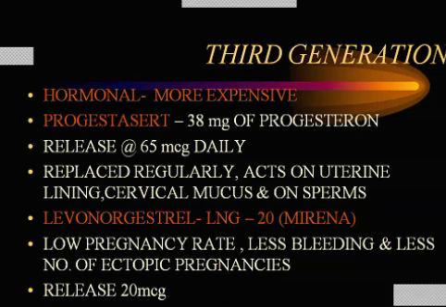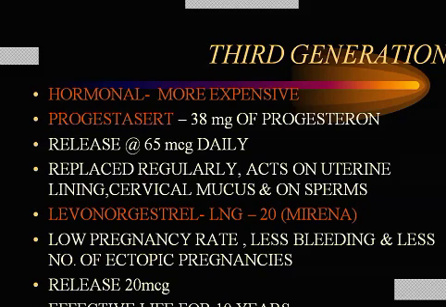The second form is levonorgestrel. It is available under the name Mirena, containing 20 micrograms of levonorgestrel and releasing 20 micrograms of levonorgestrel daily. The advantages are a low pregnancy rate, lower bleeding, reduced duration of bleeding, and reduced incidence of ectopic pregnancy.